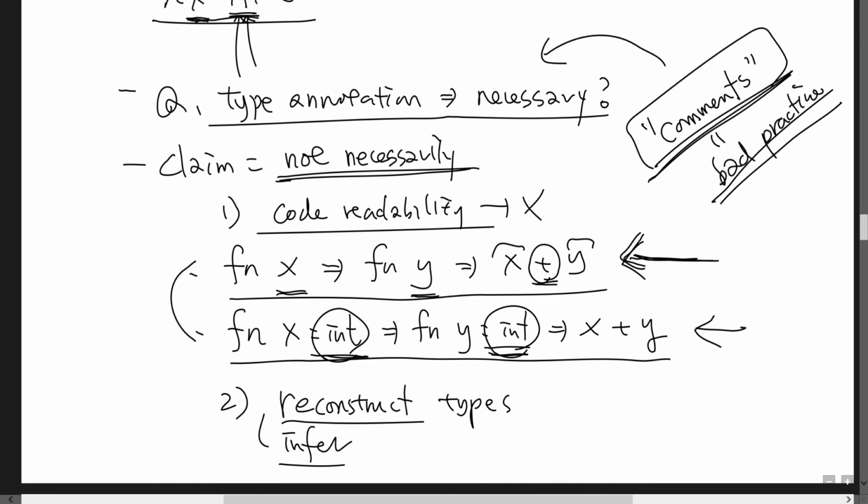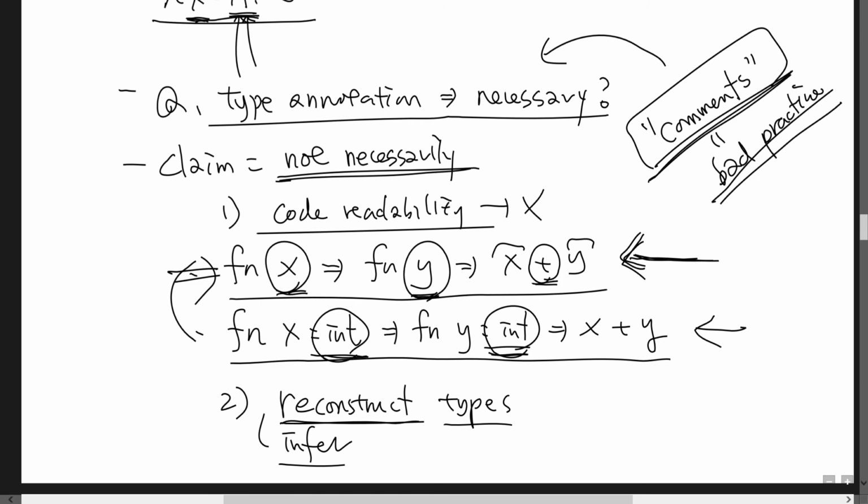In this example here, if you design the programming language carefully, with a good type system, then perhaps you can implement a type reconstruction algorithm, which infers the type for these variables.